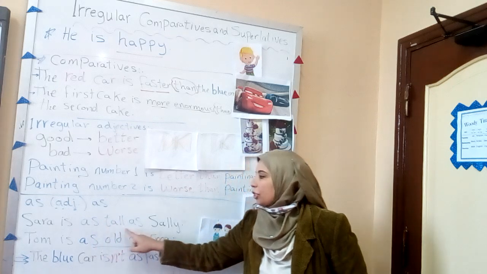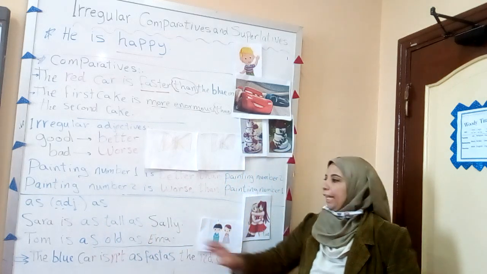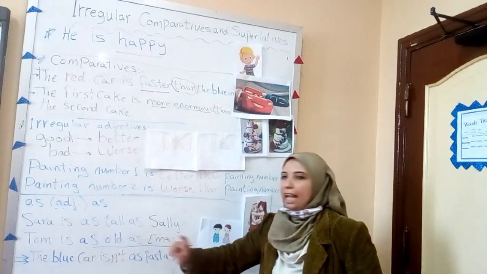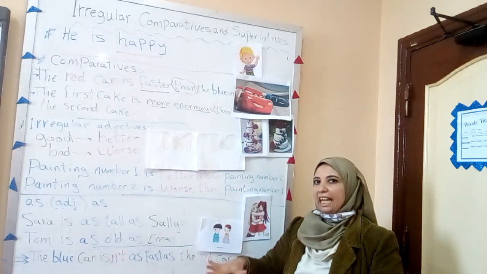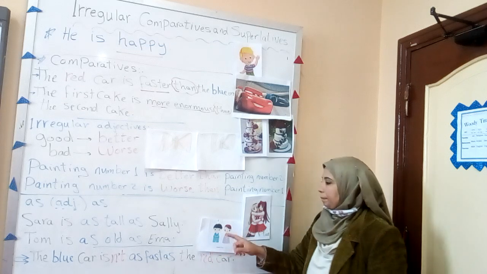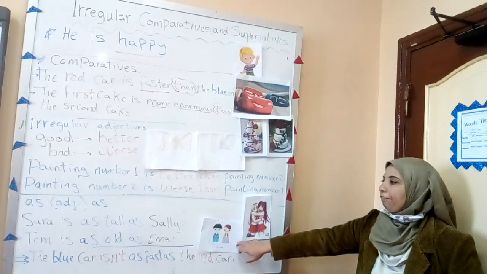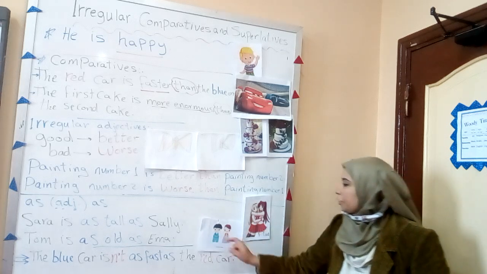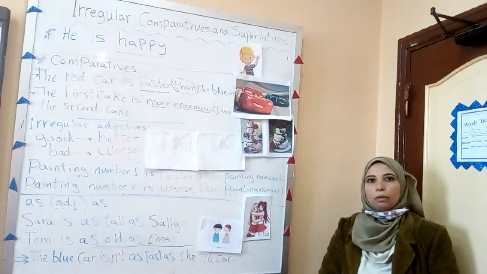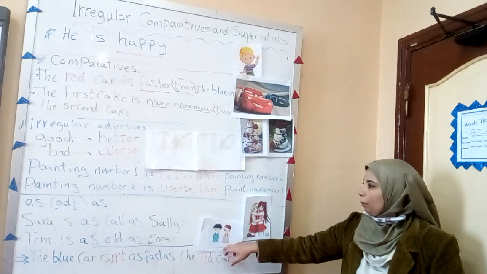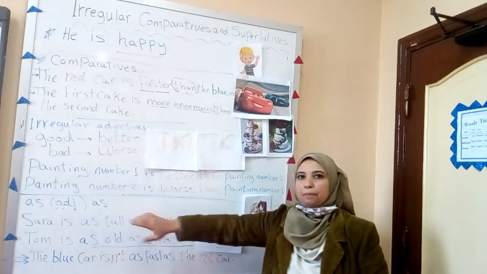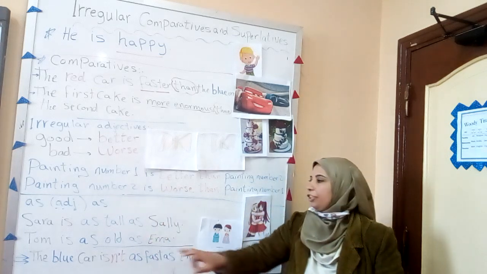Sarah is as tall as Sally. Here we write as, adjective, as, because they are the same. They are equal. Now look here at this picture. Tom is 6 years old. Also Emma is 6 years old. So we are going to use this structure as, adjective, as, because they have the same age.